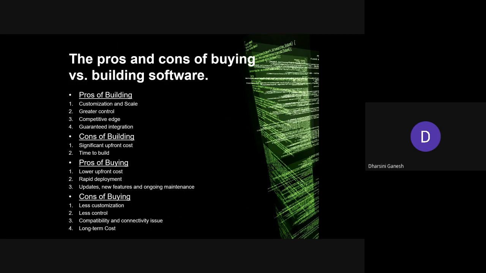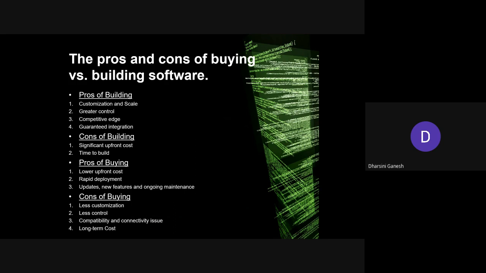Keep in mind the time, expense, and effort required to construct a custom software platform, as well as its long-term advantages. So let's go over the pros and cons of building and the pros and cons of buying.